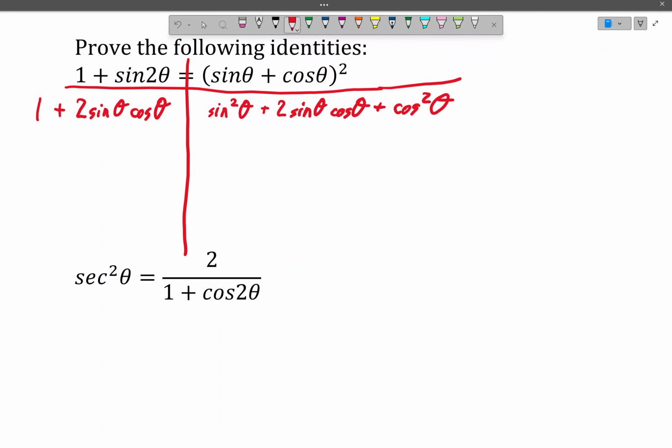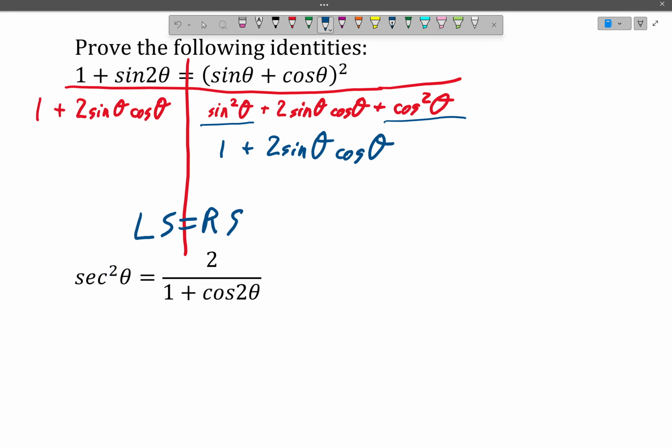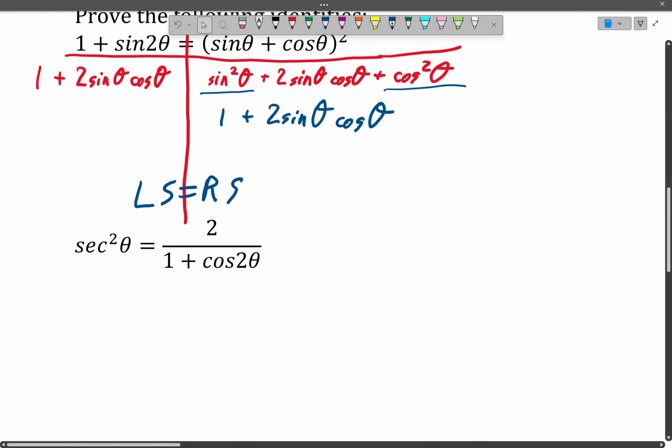What we're going to do, the left side we're going to leave as is, but the right side we're going to notice that these two together are our Pythagorean identity, which is 1. If you add those two together, we get 1. So it's 1 plus 2 sine theta cos theta. And so now we can say left side equals right side. So we have done our proof.